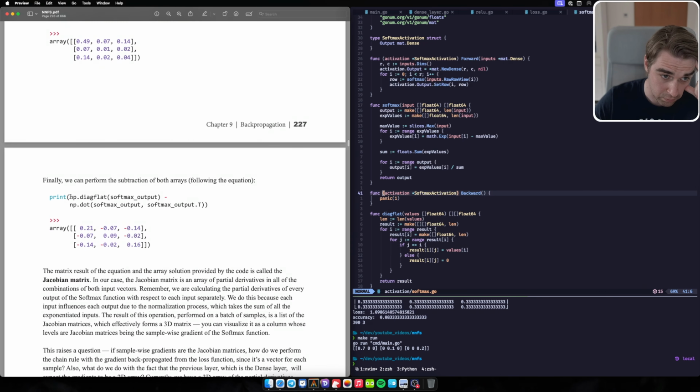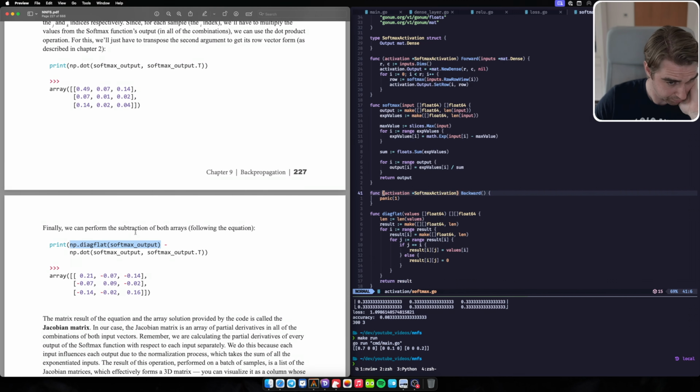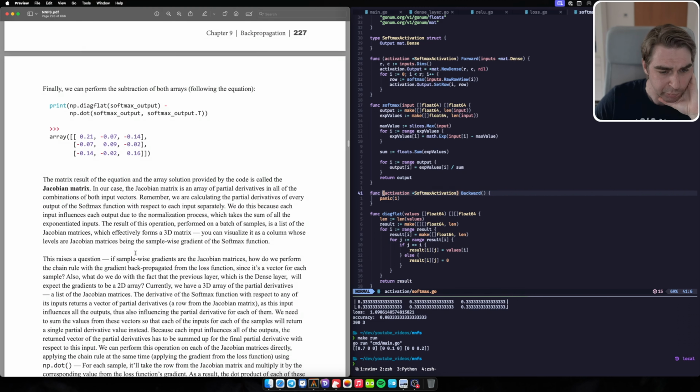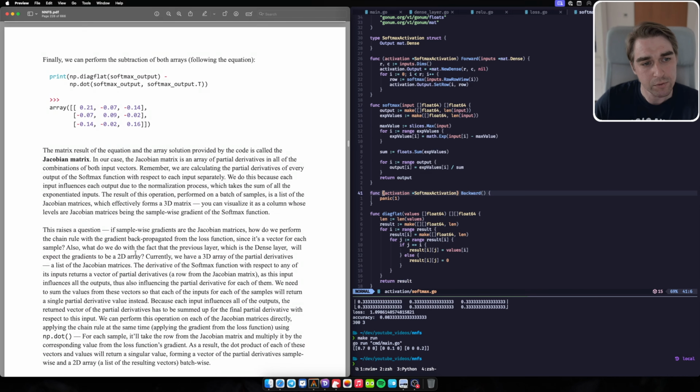So we have the diagflat of the softmax output. But here we're talking about one row, right? The result matrix of the equation and the array solution provided by the code is called the Jacobian matrix.